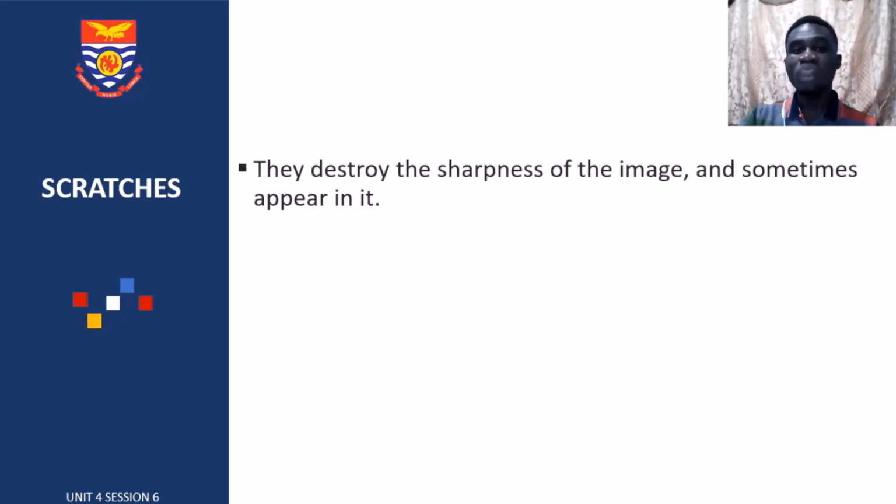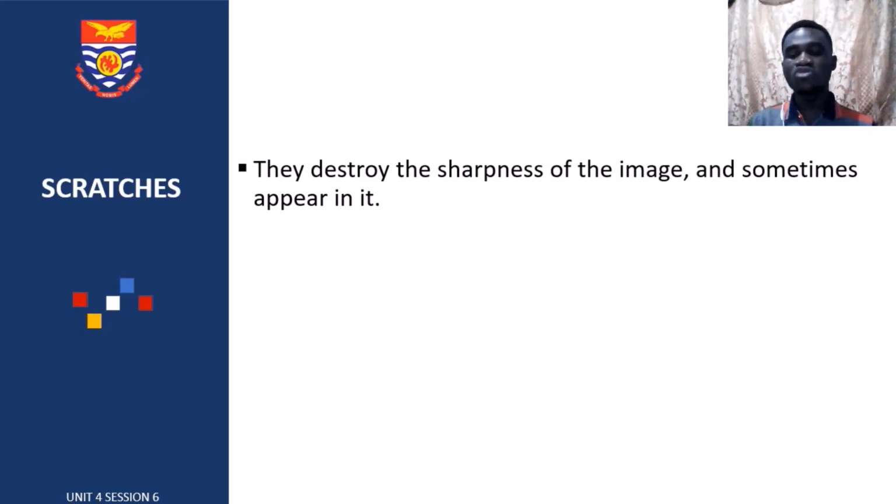Another cause of unsatisfactory performance of our optical instruments is scratches. We must ensure that scratches are not found on the surface of the optical instrument, because once they are found, they destroy the sharpness of the image, and sometimes they appear in the image as well.